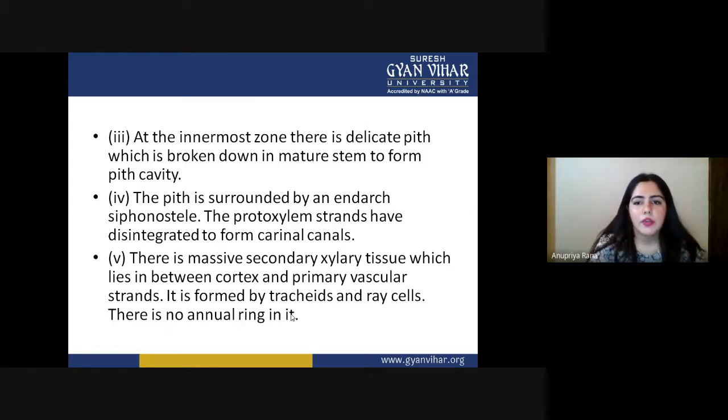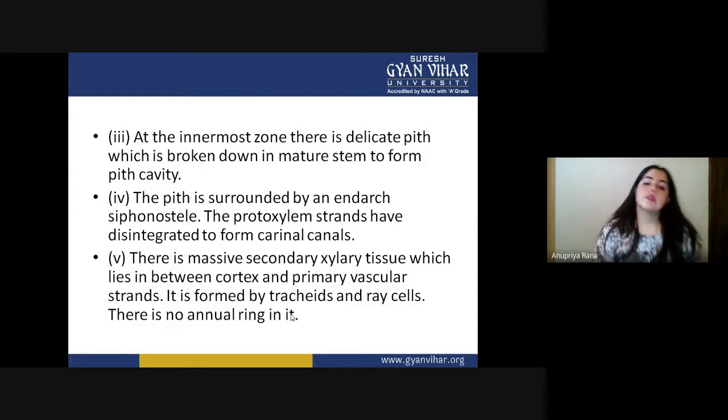The pith is surrounded by an endarch stele, and the protoxylem strands have disintegrated to form carinal canals.